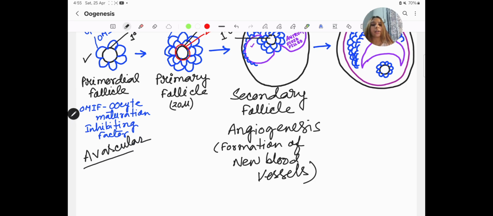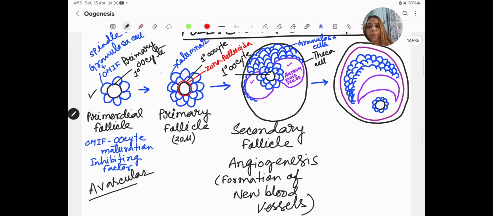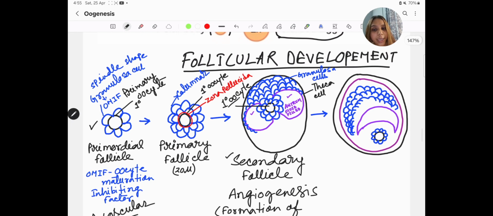But the generation of new blood vessels starts in the primary follicle, and it gets more prominent during the secondary follicle. But in the secondary follicle, the primary oocyte and the first layer of the granulosa cells are still avascular.